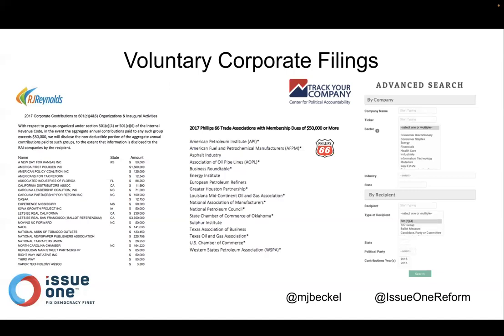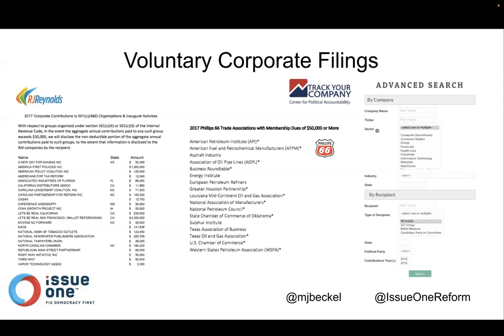And there is a wonderful resource by the nonprofit Center for Political Accountability called trackyourcompany.org, which has taken a bunch of these voluntary corporate filings and made them searchable on their website.